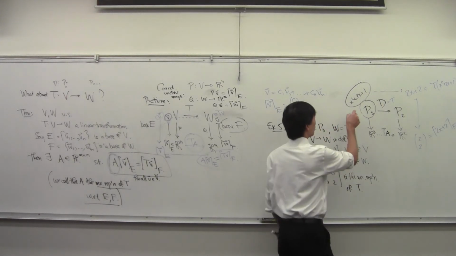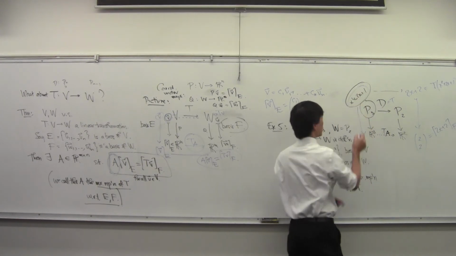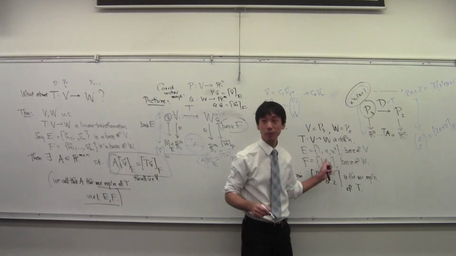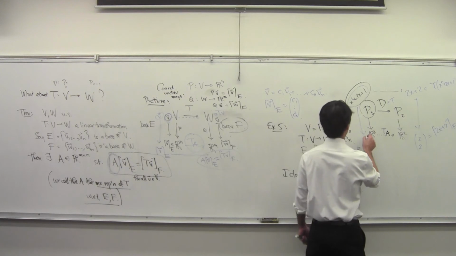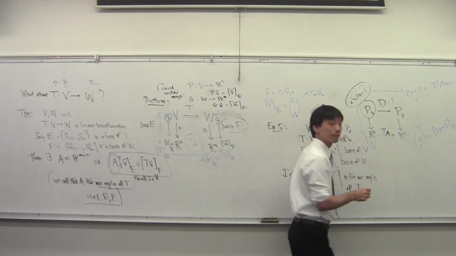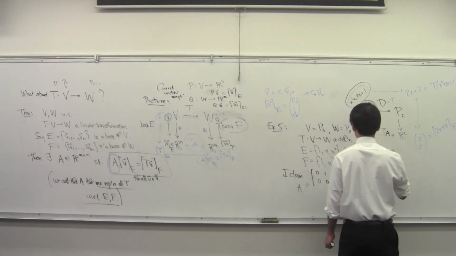Now what happens if we go this way? What's the coordinate vector of this with respect to the 1, x, x squared basis? Stella? 1, 2, 1. Thank you. Now look what happens.